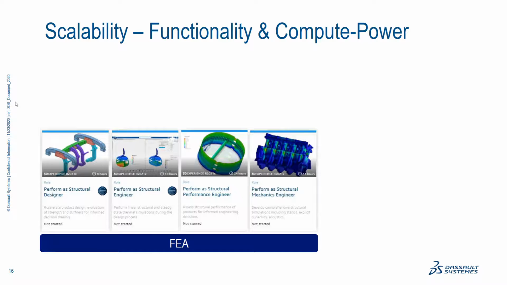Then you can extend to the next level where you're getting nonlinear implicit solutions. So if you're having big deformation or you're having plastics that you want to model nonlinearly or rubber material, etc. And finally, the, let's say, big role, the mechanics engineer, where you're also having the explicit solver in there. So with that, you could even perform a crash analysis of a whole car, if you like.